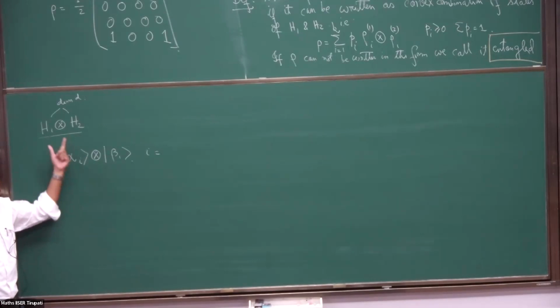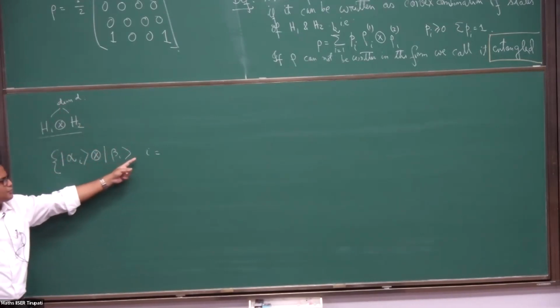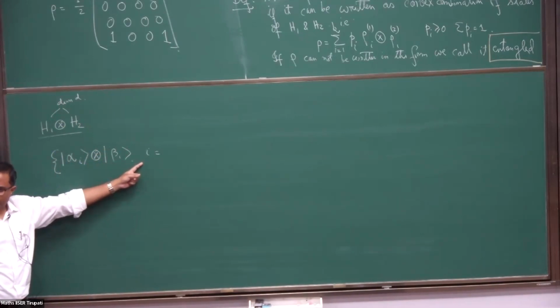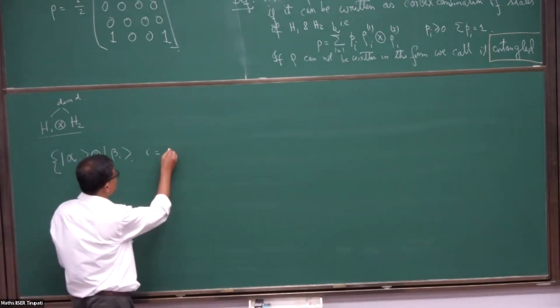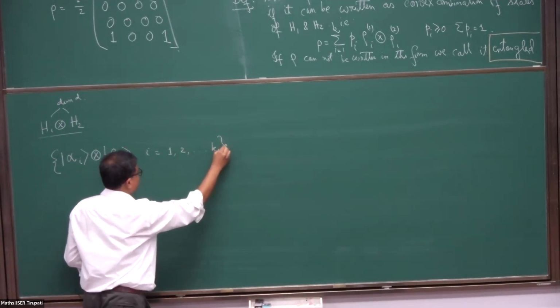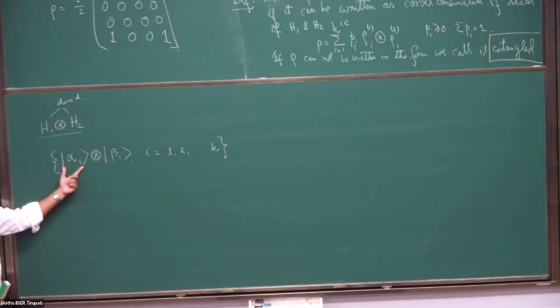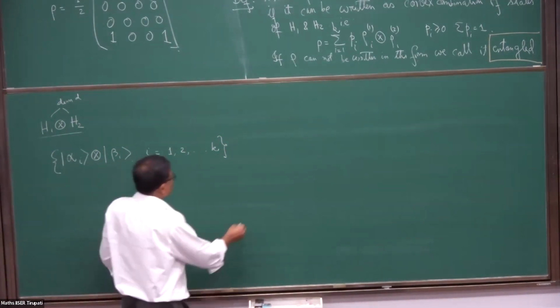I do not go up to the d squared dimension, but rather I come to some dimension smaller than d squared. So, i is equal to 1, 2, etcetera up to, let us say, k. I take this alpha_i tensor beta_i. What I did, I took alpha_i and beta_i, and I also need a condition, they are orthonormal.